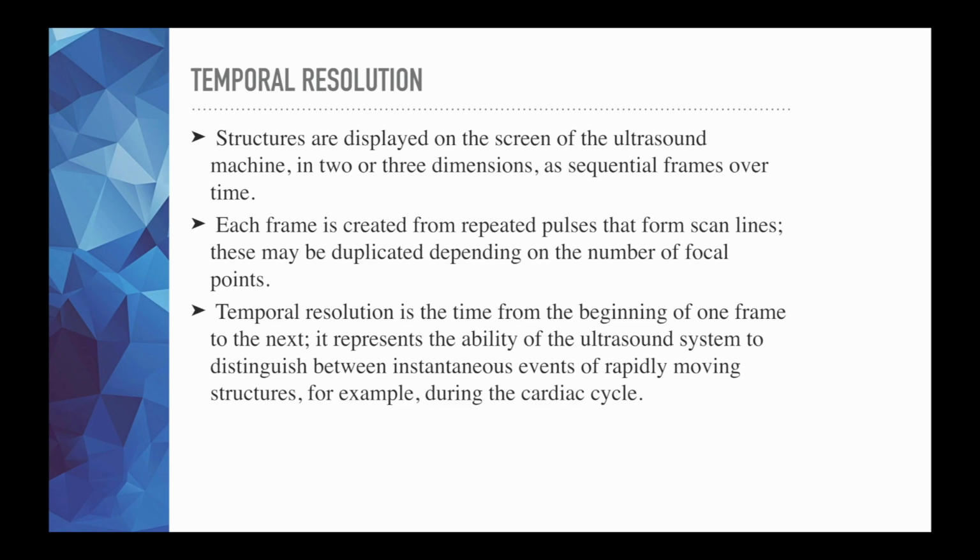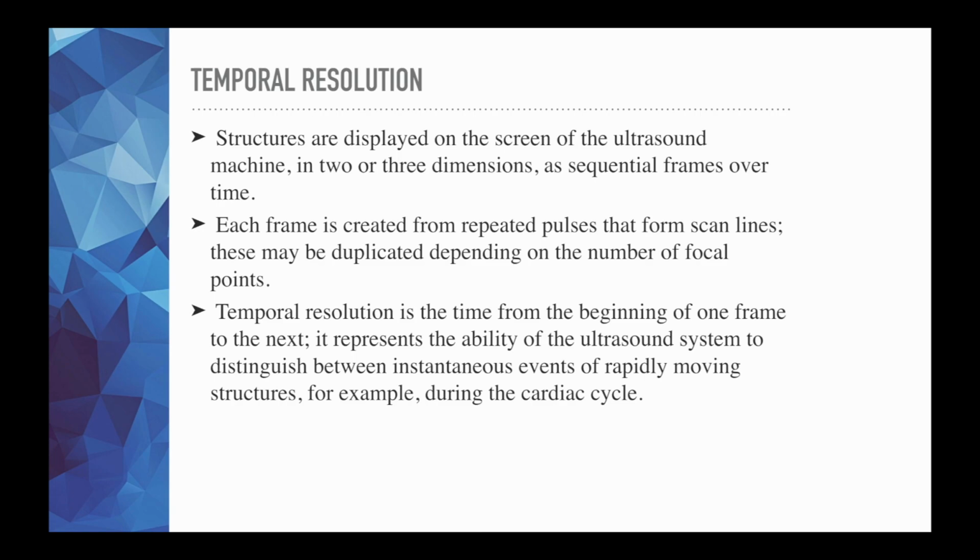On the imaging portion, when we're looking at our sector, each line is a pulse. When the machine pulses once, it creates one line, and it puts them side by side. All that takes time. As the machine creates all those pulses and puts them side by side, it can only do it so fast, especially if we're asking it to do more things. Temporal resolution is the time from the beginning of one frame to the next frame.